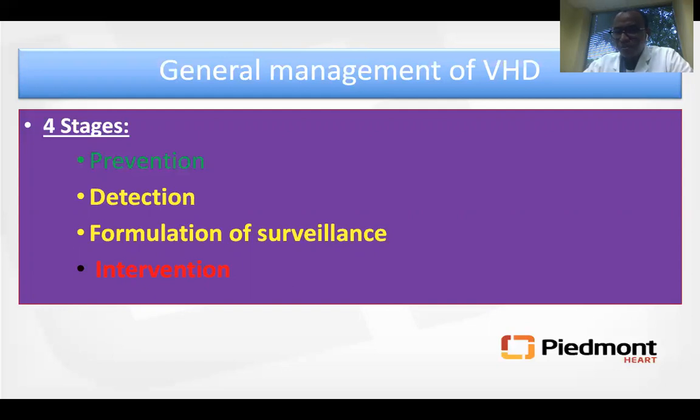Particularly in the context of rheumatic heart disease, that means primordial prevention: hygiene, avoiding overcrowding, and minimizing the risk of developing streptococcal pharyngitis. For calcific degeneration of valves, you can talk about controlling hypertension and hyperlipidemia, and also radiation. All those things can cause valvulopathy.